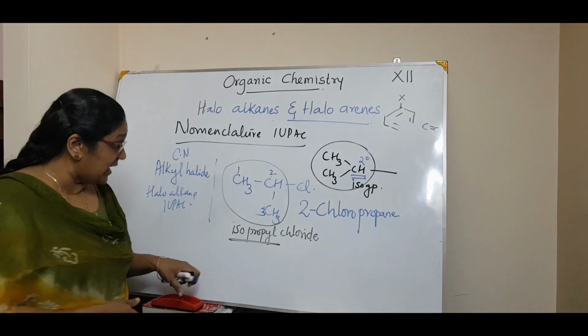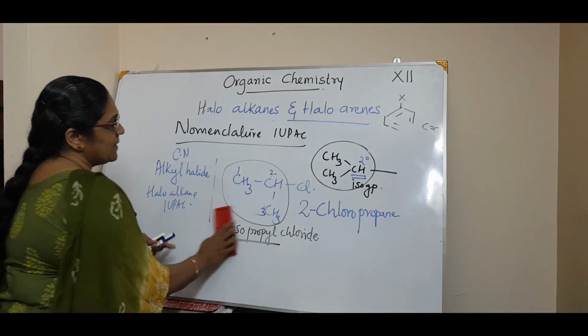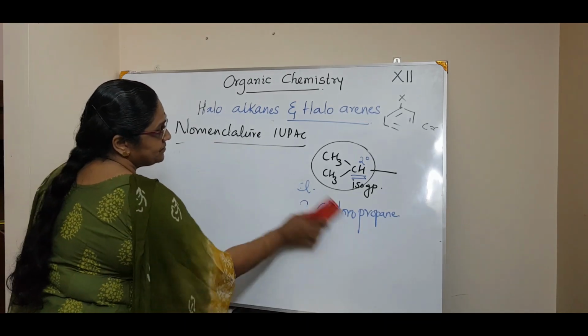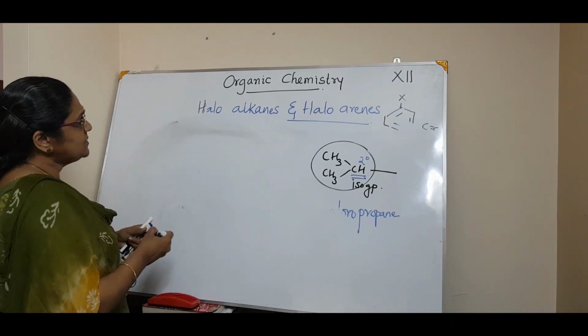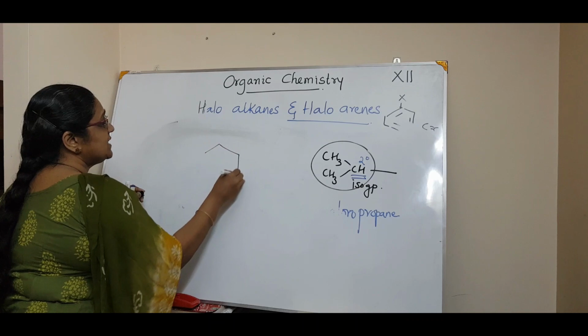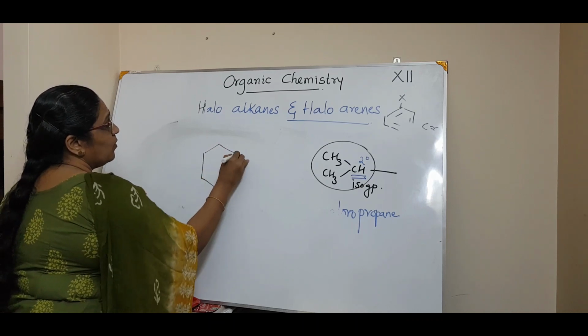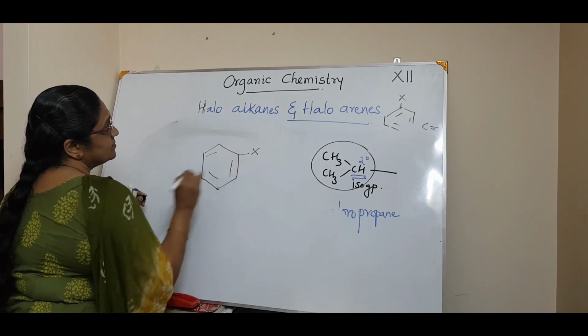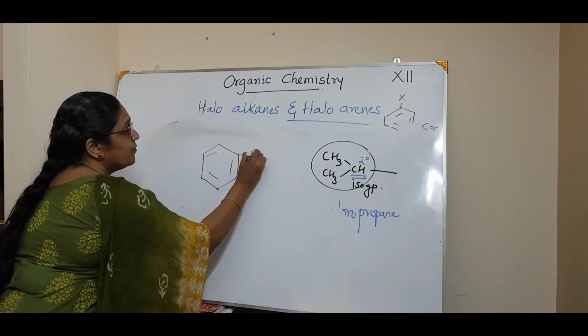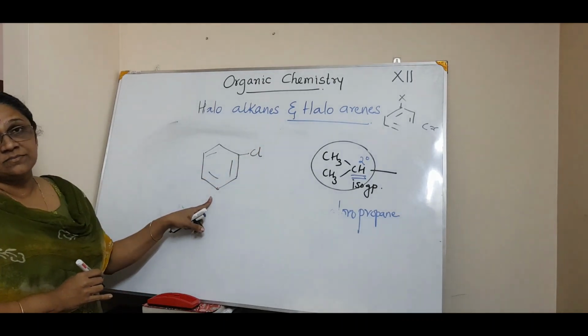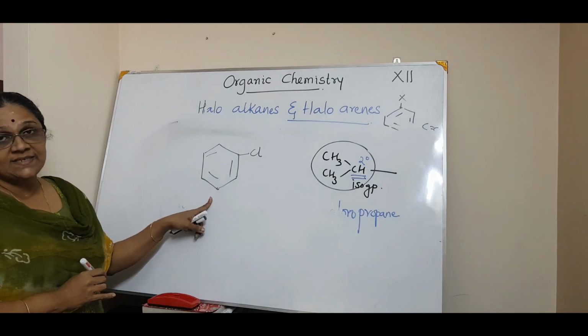Now we will see some of the haloarenes. Haloarenes means, see, a benzene ring. Now if I say X, 1 X, that means if it is chlorine, what will you write as the IUPAC name?